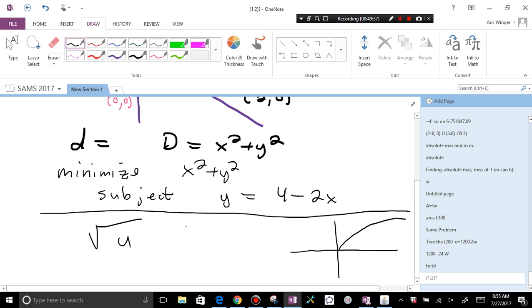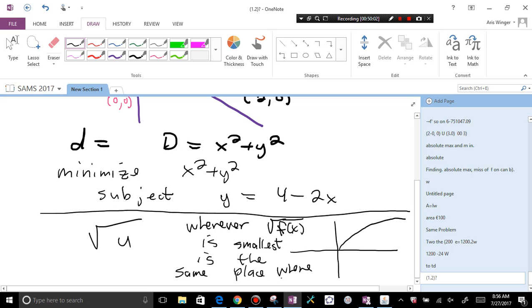So wherever the square root of f of x is smallest is the same place where f of x is smallest.